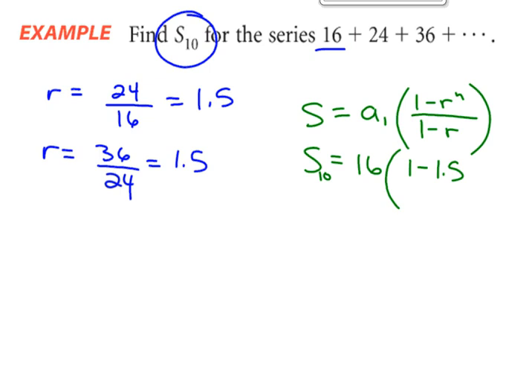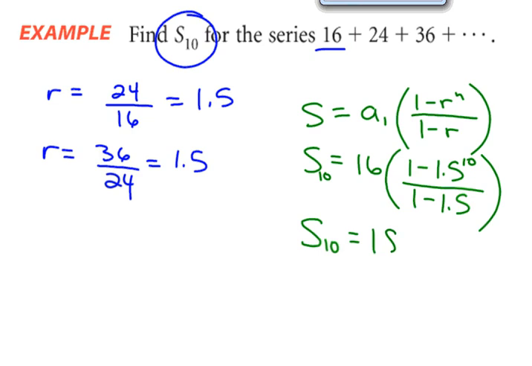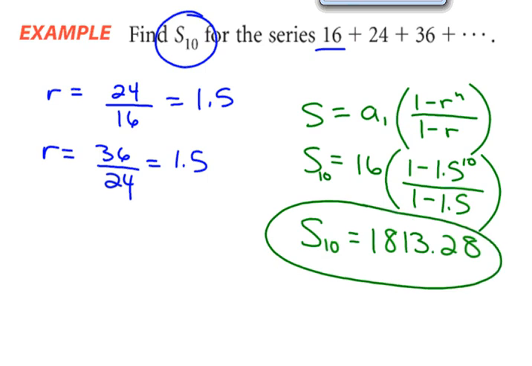Well, 10 is n, yep. Divided by 1 minus 1.5. So we plug this into the calculator, and we get 1,813.28. So the sum of the first 10 terms of this series, or the partial sum, we could call it, or the finite series, all of those things mean the same thing, is 1,813.28.